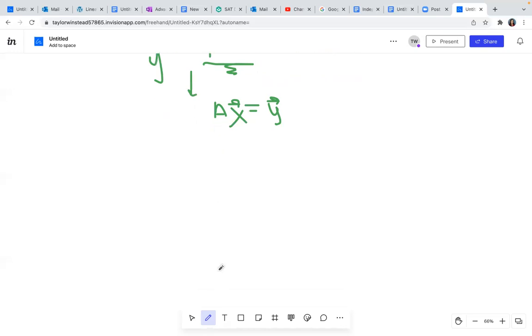So let's look at why that's true. I'm going to draw out our identity matrix here. Sorry about how painstaking this is.